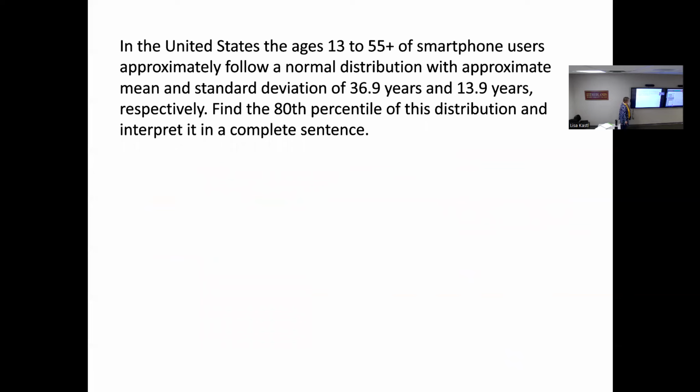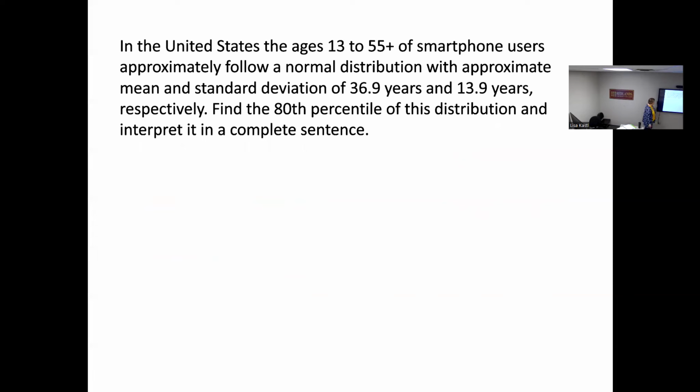In the United States, the ages of 13 to 55 plus of smartphone users approximately follow a normal distribution with approximate mean and standard deviation of 36.9 years and 13.9 years, respectively.